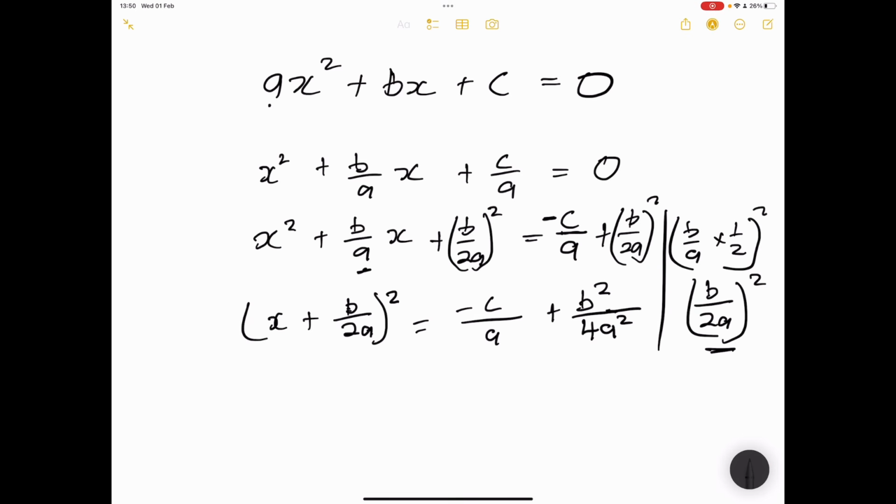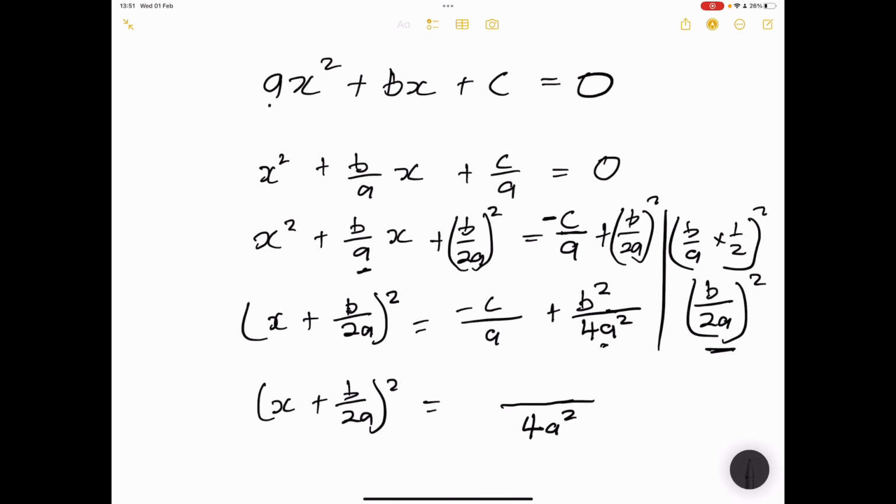So now we're going to try and simplify what's on the right hand side. So I've got x plus b over 2a squared, which is equal to, now I want you to note, what is our common factor in this particular one. Remember, I am adding fractions, so 4a squared is our LCD.